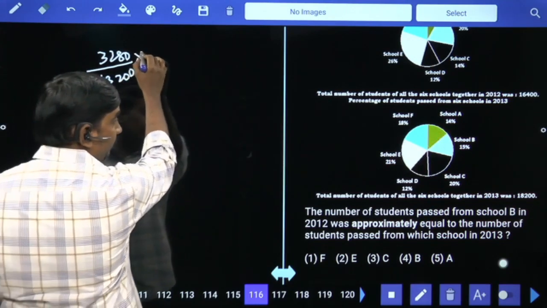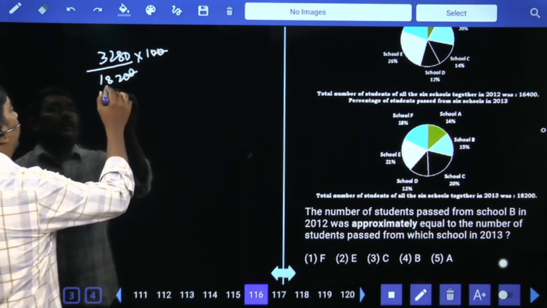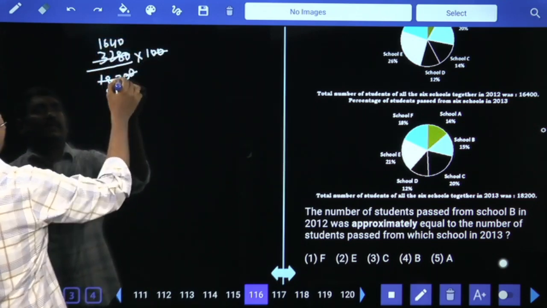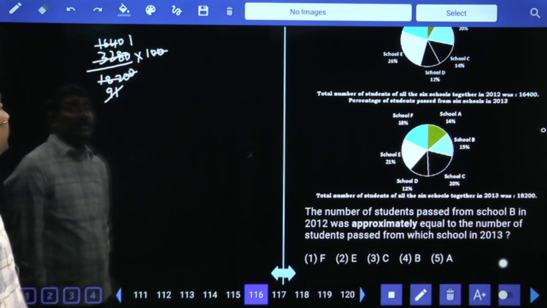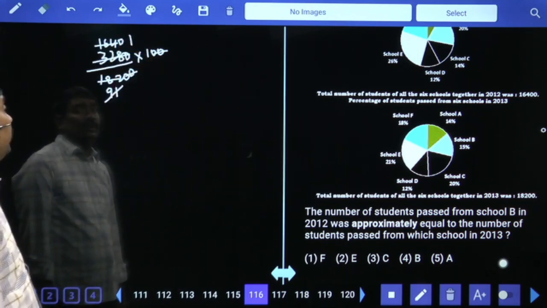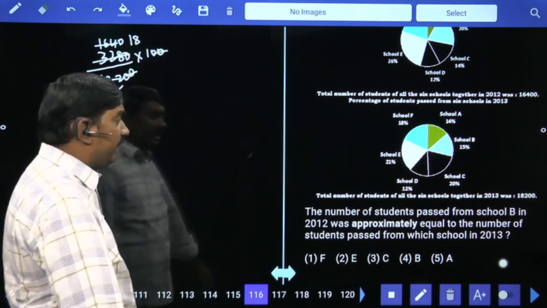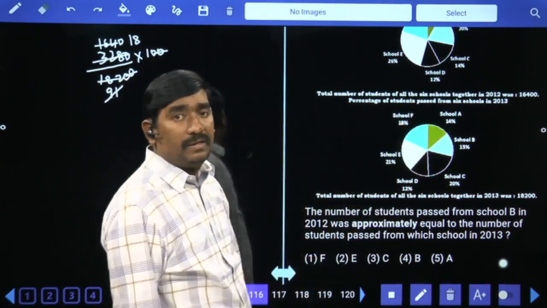Let's calculate. That is approximately 18%. In the second diagram, 18% belongs to school F. That's your answer.